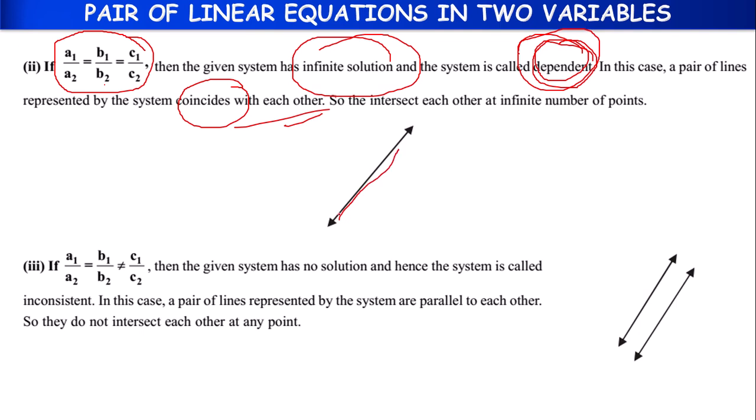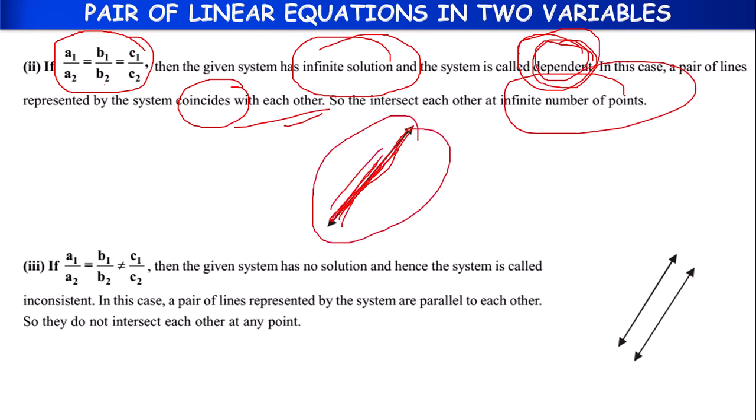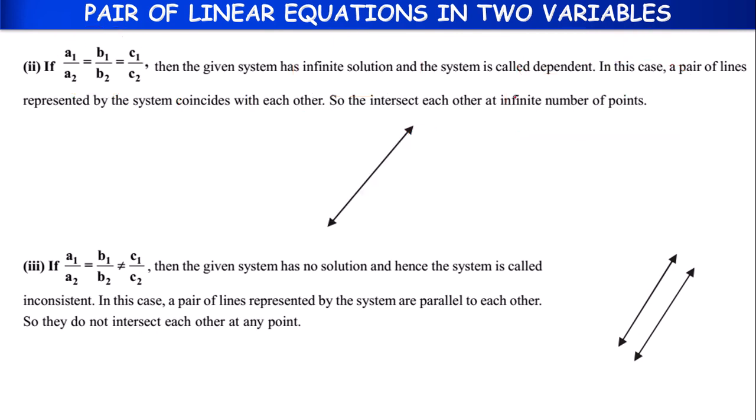That's why we can say they have an infinite number of solutions. So when the system obeys this property, it has infinite solutions and is called a dependent system of equations.